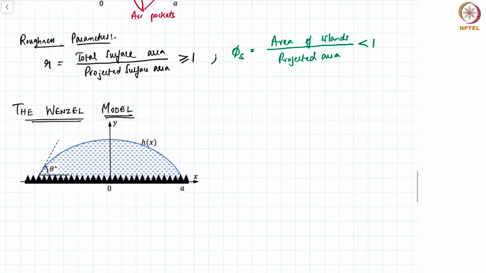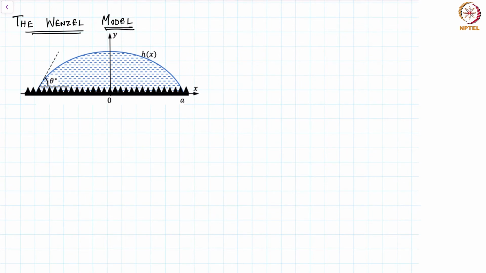So let's now look at the Wenzel model. In the Wenzel model, the droplet is touching the surface everywhere. So if we write down the energy functional, which is going to be a function of h and hx, this quantity is just going from 0 to a, 2 pi gamma x square root of 1 plus hx square.